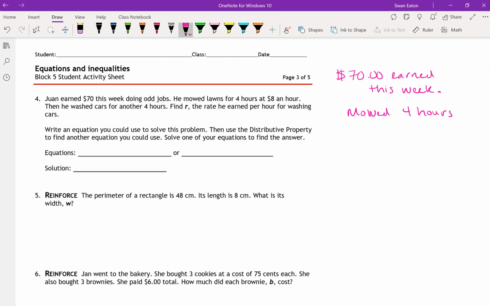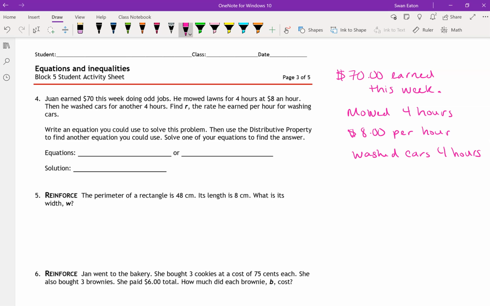And he makes $8 an hour. $8 per hour. Then he washed cars for another 4 hours. Okay, so he washed cars 4 hours.